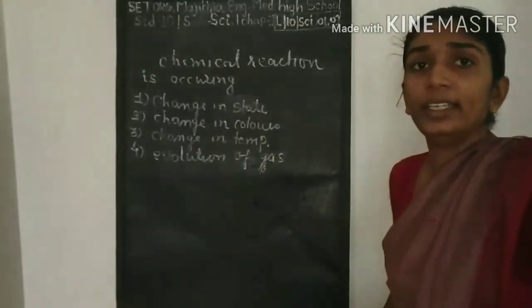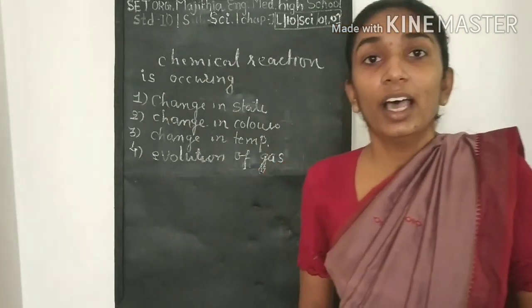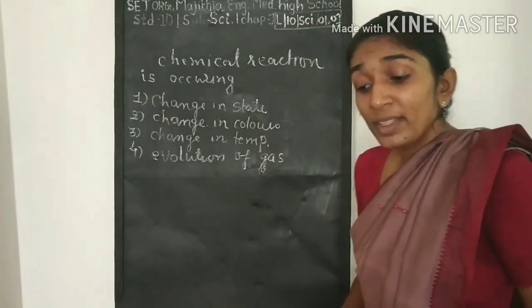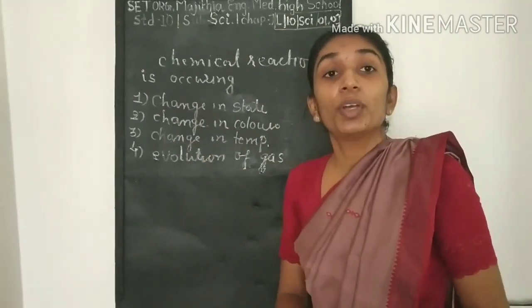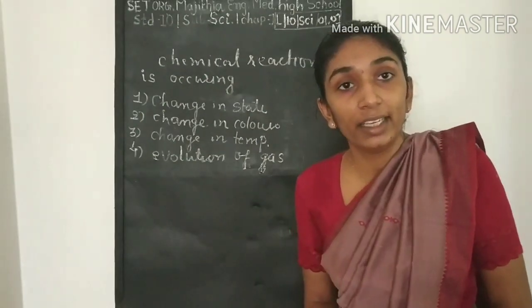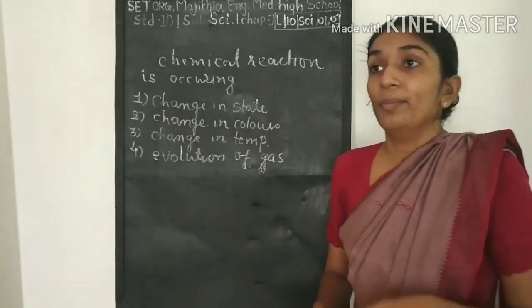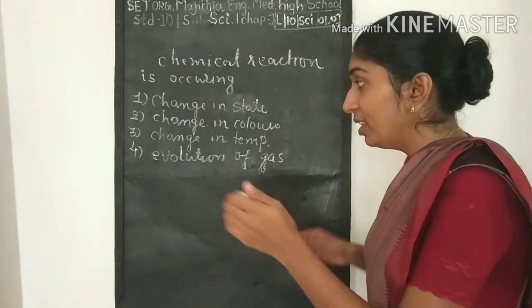If one of these conditions is being satisfied, then I will say the chemical reaction is occurring. So, to demonstrate this, that this kind of situation happens when a chemical reaction takes place, we will start with one activity.